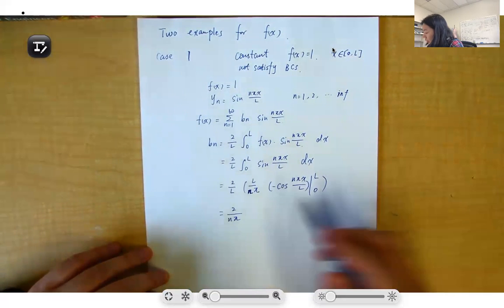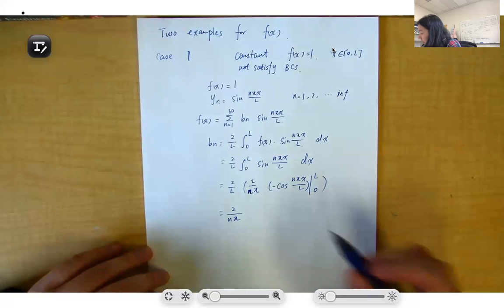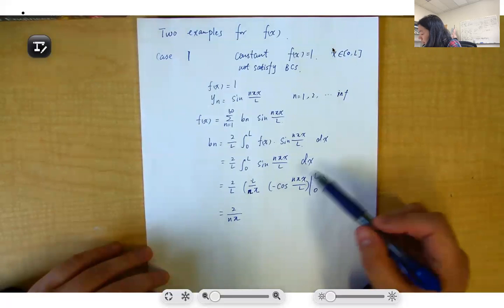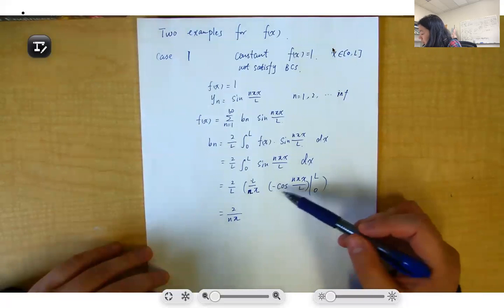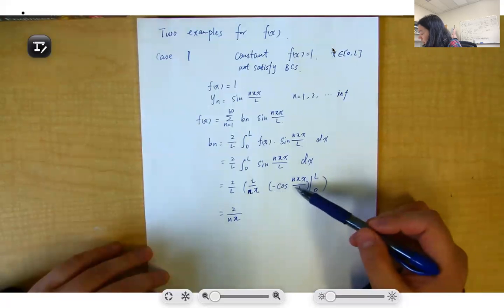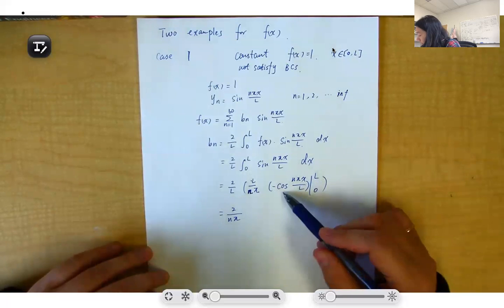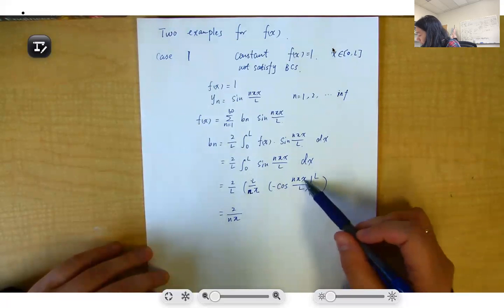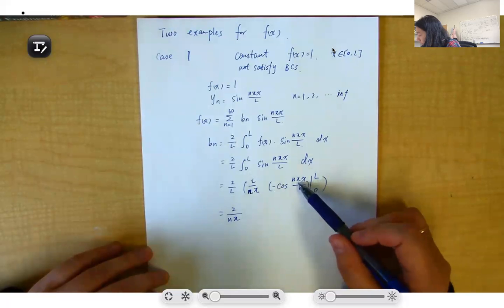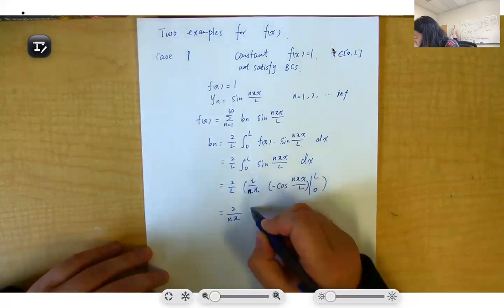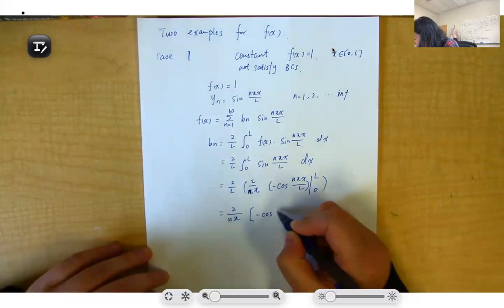It becomes 2 over n pi. Okay, so L cancels out, and the integral is minus cosine n pi x over L from 0 to L. When x equals to L, this part becomes n pi, so it will be minus cosine n pi.